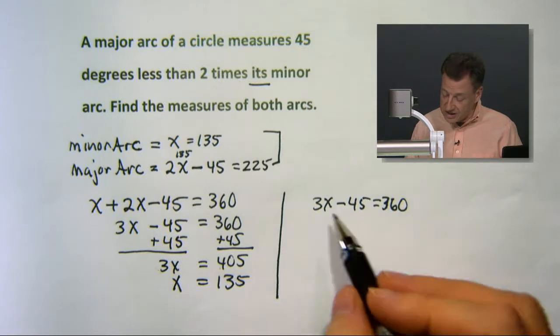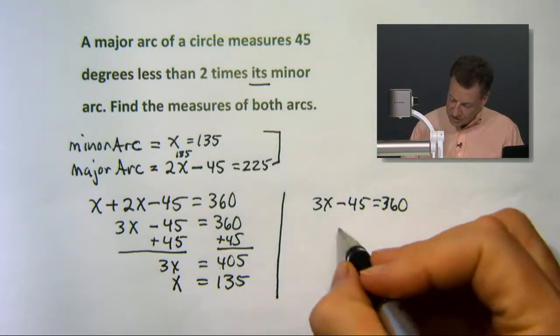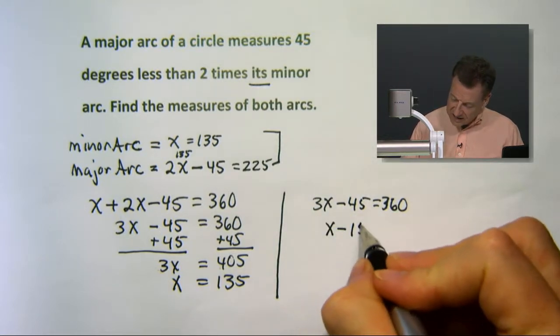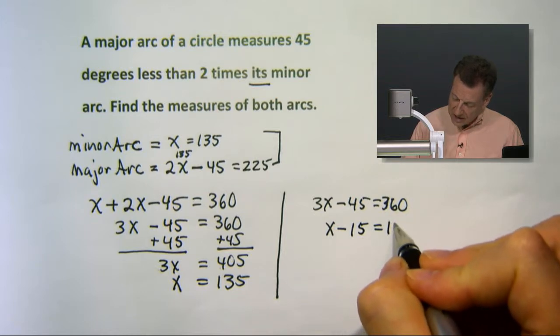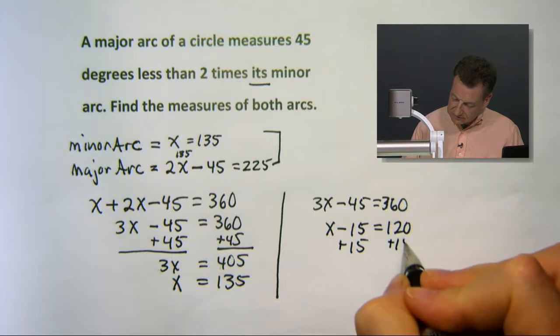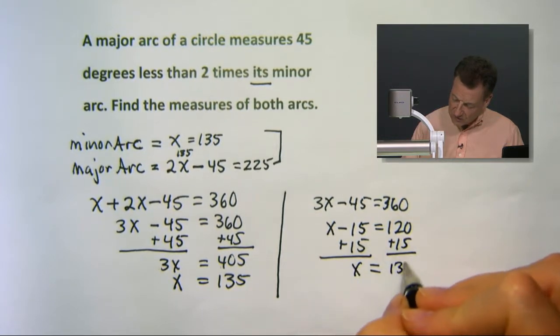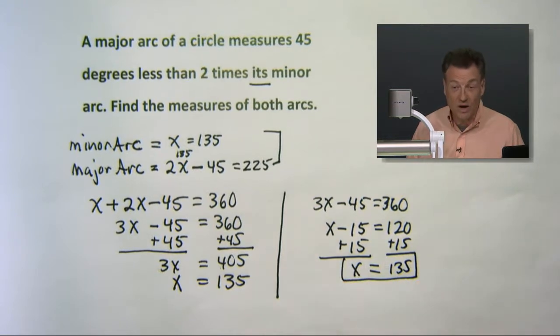In other words, he took each of these and divided by 3, so it would make no change to the final outcome of x. So he had x minus 15 equaling, looks like, 120. And then, hey, let's add 15. And we get x equals, goodness, 135 once again.